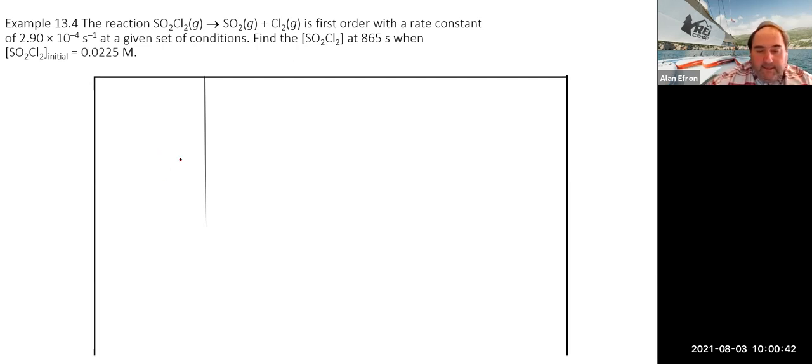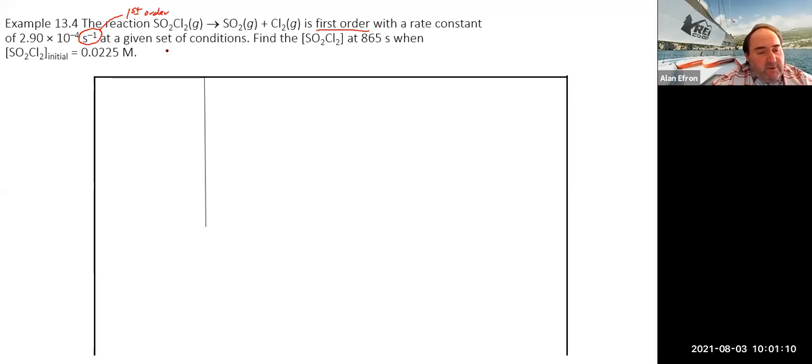Okay, let's take a look at this. A couple of pieces of information. They were nice enough to tell us that it was first order, but if they didn't, we would look at the units of the rate constant. Because they're reciprocal seconds, that tells us it is first order. That's important because there are different formulas to use depending on the order of the reaction.